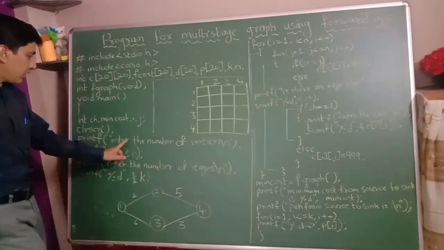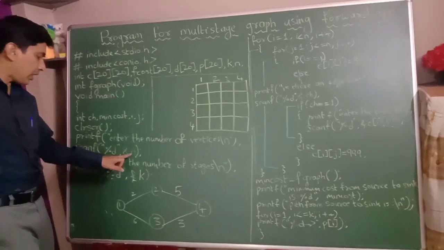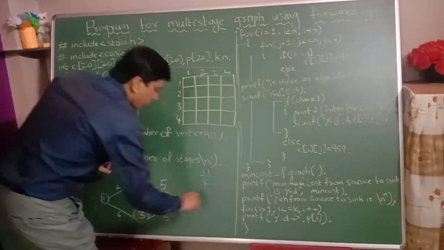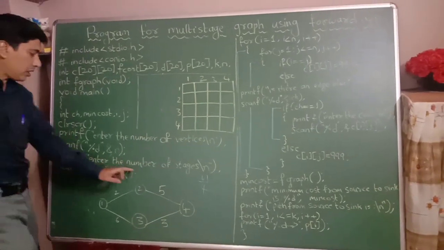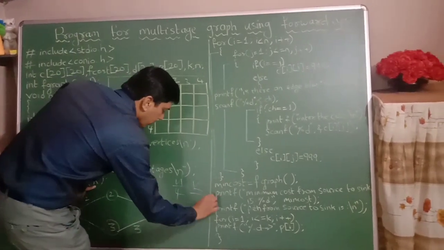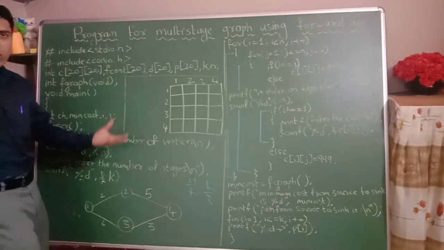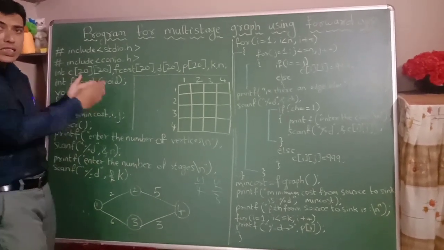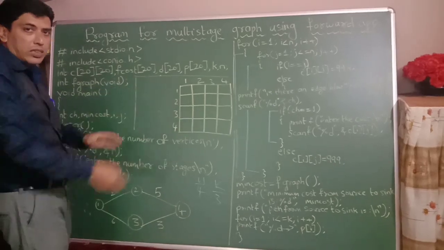Now here the number of vertices is n. Assume that I am going to enter the n value as 4, and enter the number of stages, that is the value of k. The k value here is 3. As you know, a multi-stage graph consists of a number of vertices and stages: stage 1, stage 2 and stage 3.